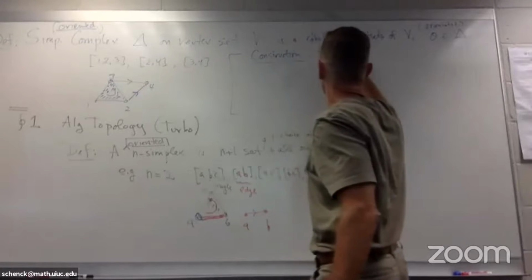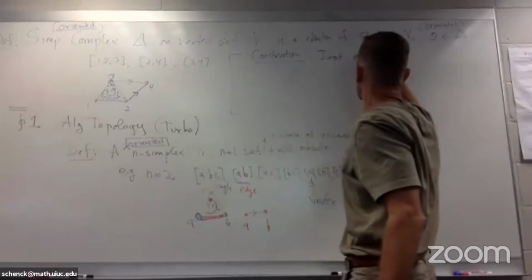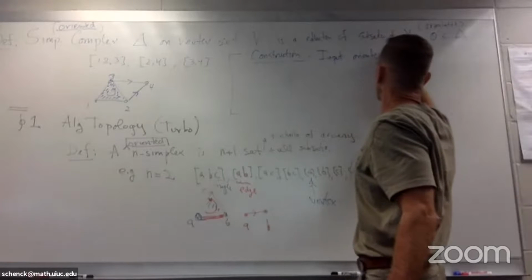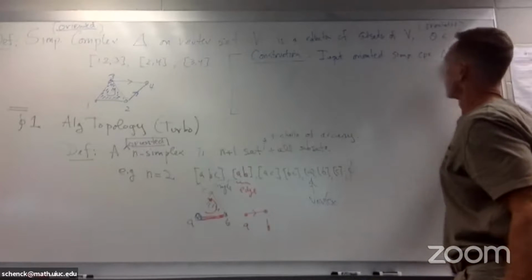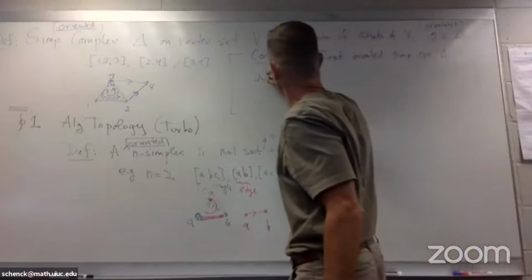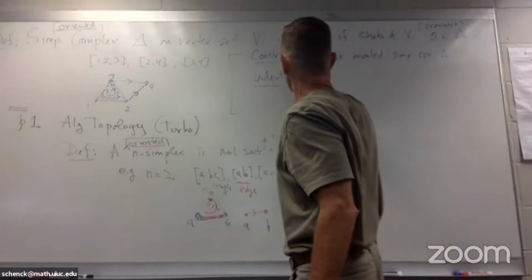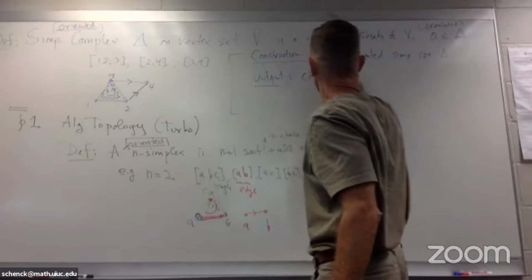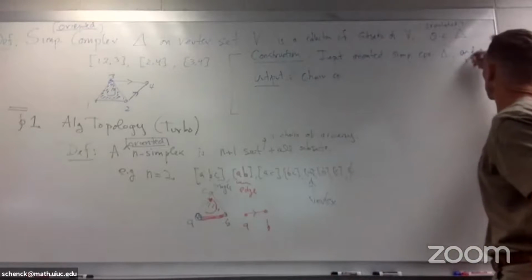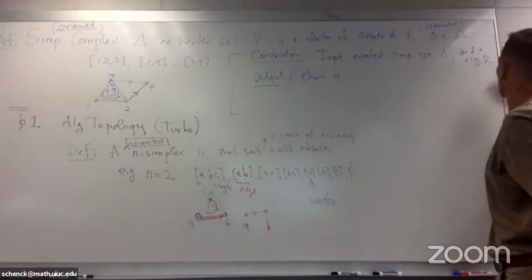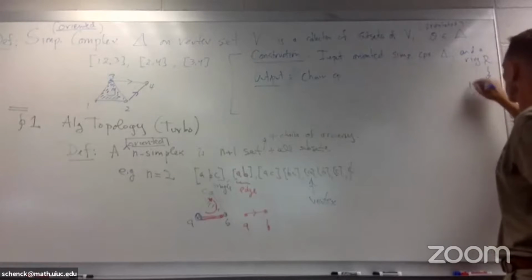Input: an oriented simplicial complex delta. The output is a chain complex and a ring R, if you like. This R might be the real numbers.